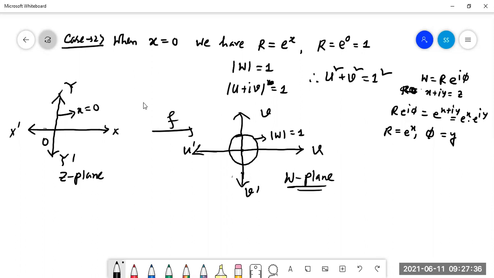So x equal to 0 was in the z plane, that means the y-axis. After transformation with W equal to e to the power z, this x equal to 0, that is the y-axis, a straight line, transforms into the W plane. It gives a circle.